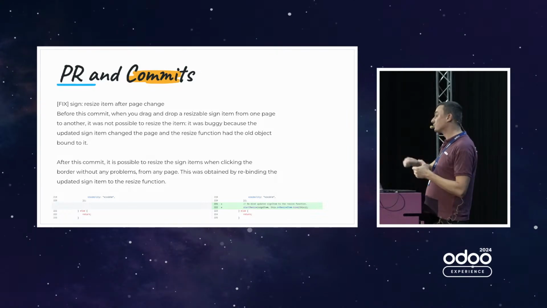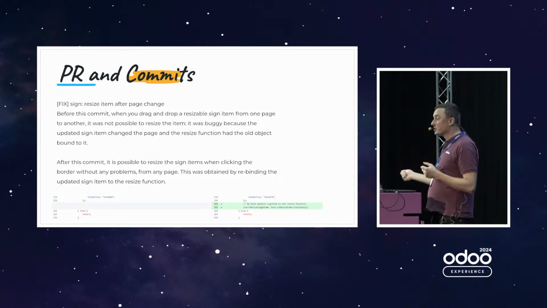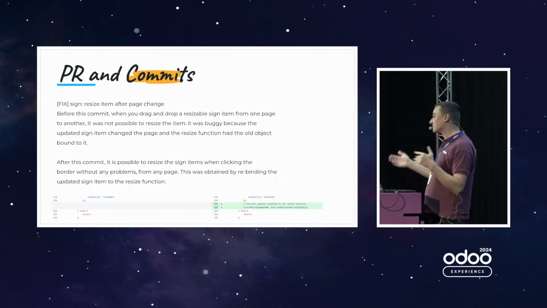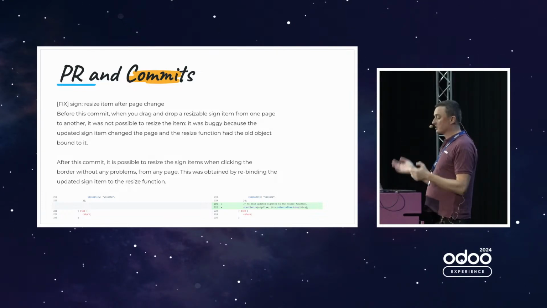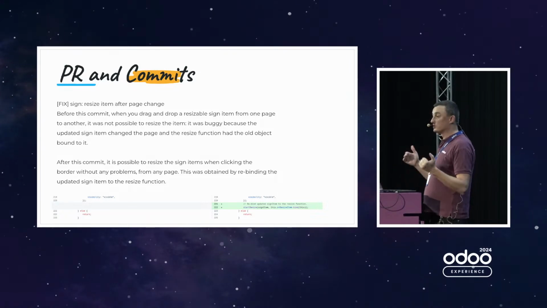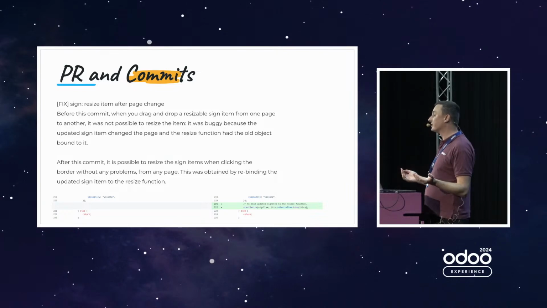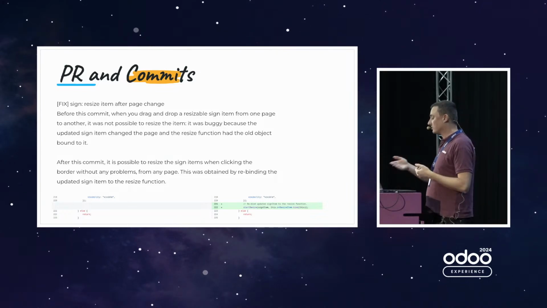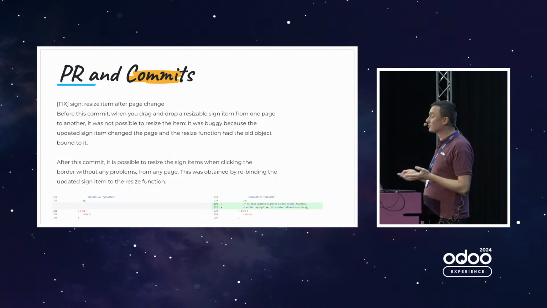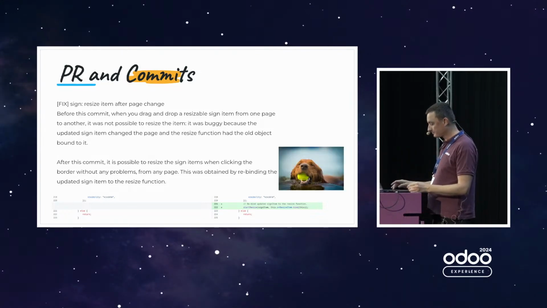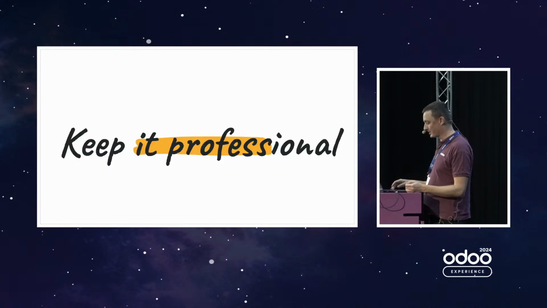So here we had to drag and drop from one page to another. So it's not everybody who does that. And at some point we had an issue. And this is the actual commit message. So you see that it's way bigger than the change. But in the end, everybody is happy because we understand why it is necessary and why we are doing it. So yeah, it's way better.